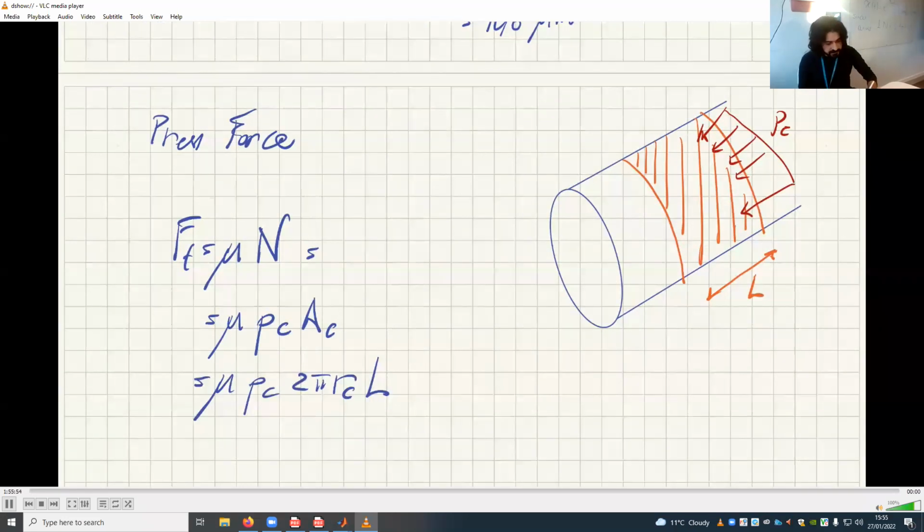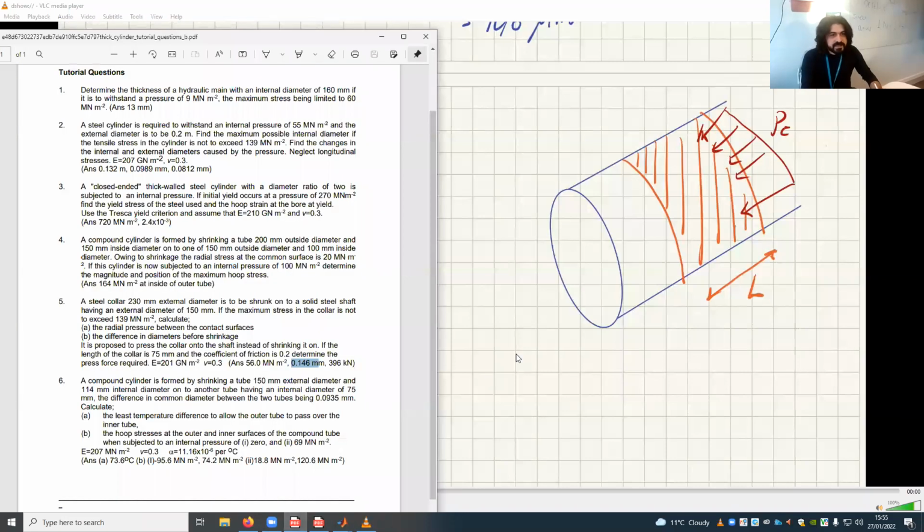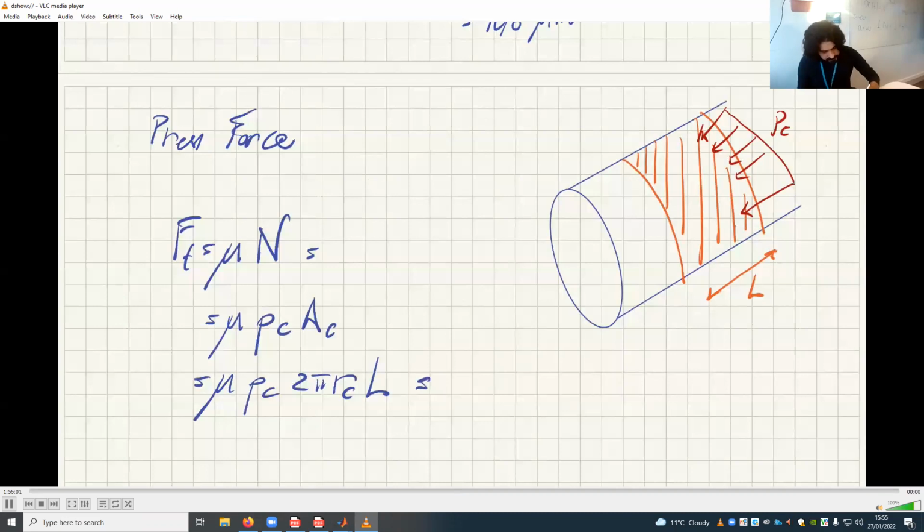This gives a force of, let me check, 396 kilonewtons. Ta-da! It's not very complicated. You just have to make sure that you know what you are doing. This is first year stuff, just applied in a slightly different way. That is not always obvious, but it helps.